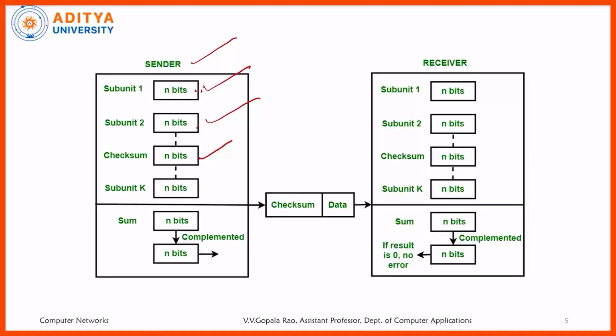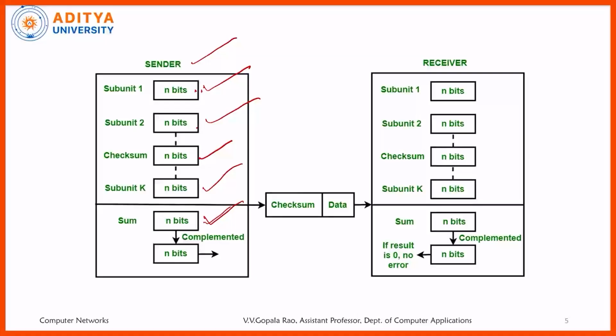That means subunit 1 and subunit 2 are added, you find some sum, and after that you continue the procedure by adding the values, and finally you take into consideration all the k units in the total process, and thereby you find a sum. This is the final sum, which is of n bits in size, because we took n-bit blocks. So definitely the sum should also be of n bits.